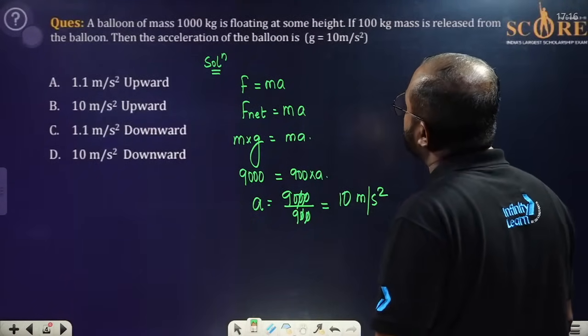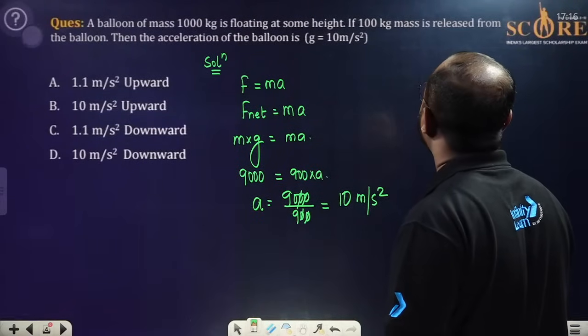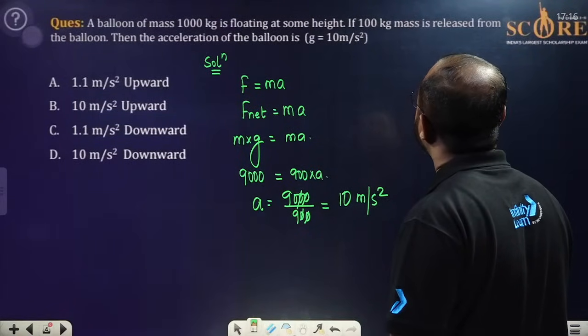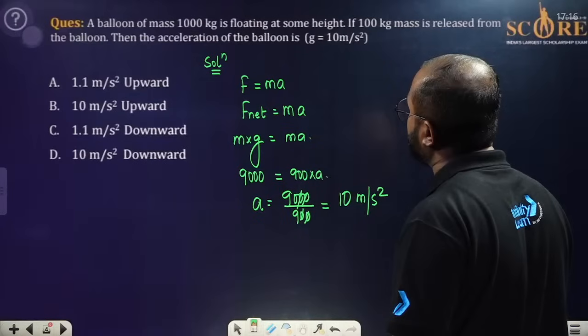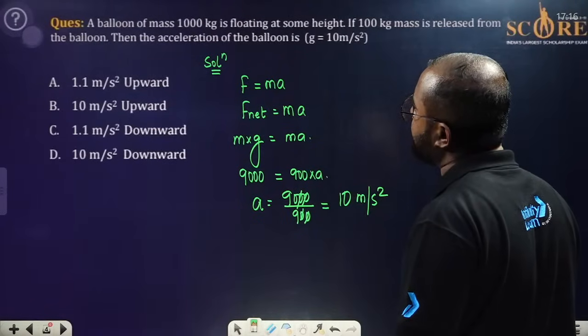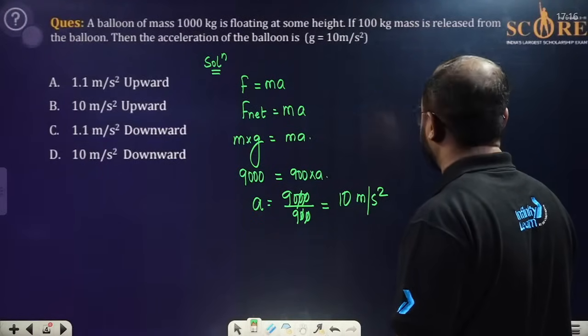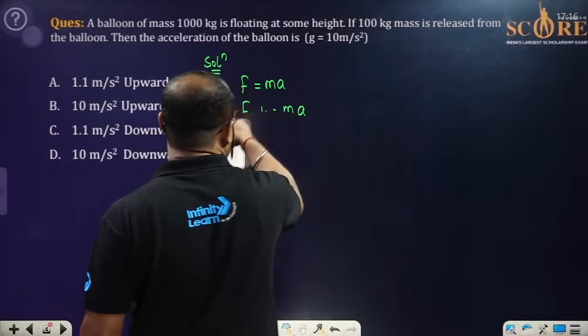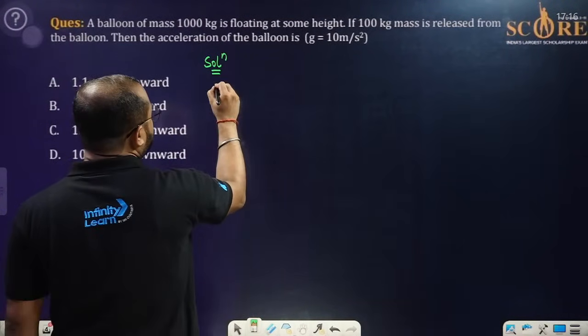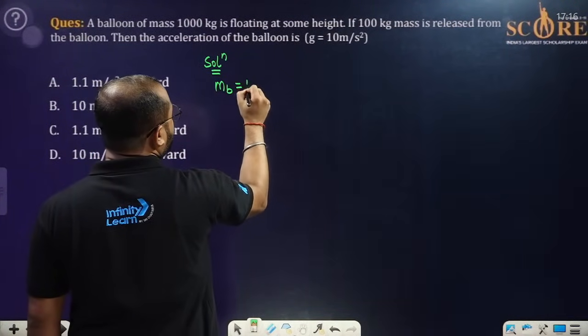The acceleration of a ball from a balloon. So 900 multiplied by the acceleration due to gravity. I have done something wrong in this, I don't know what, but let me solve it again. Okay, so we have the mass of the balloon, which is given as 1000 kg.